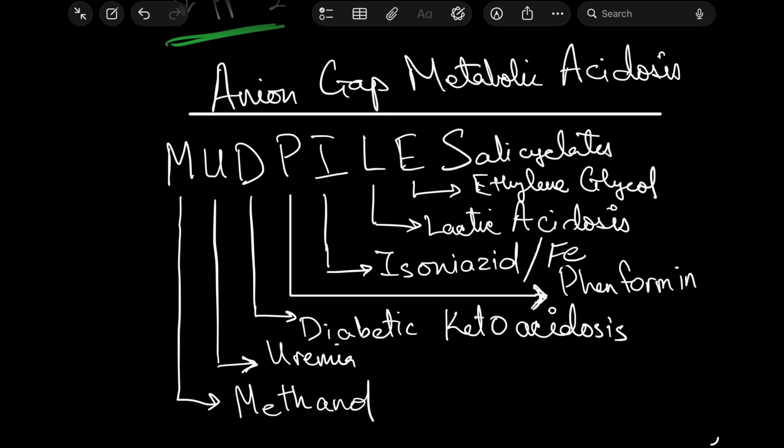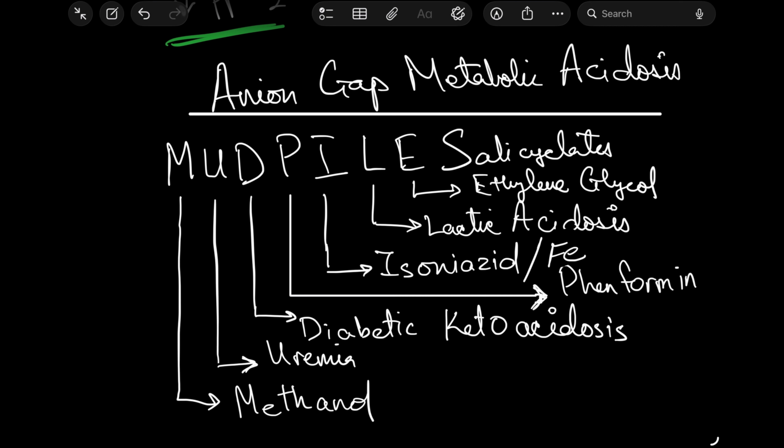You're basically increasing bicarbonate removal or excretion. Now, the causes of non-anion gap metabolic acidosis, again, I repeat, non-anion gap, are numerous but fewer than anion gap. That's basically diarrhea, renal tubular acidosis, and certain drugs like acetazolamide.